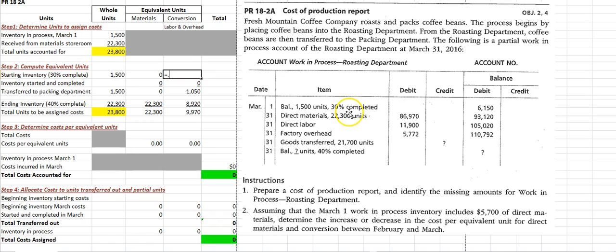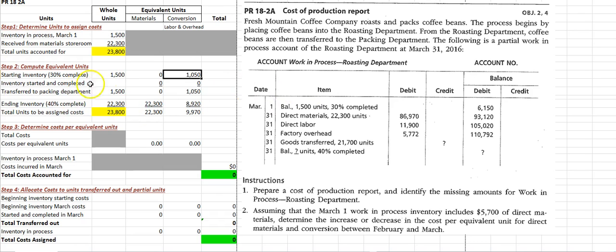So I simply take 70% and multiply it by 1,500. I have 70% of conversion costs to add to these 1,500 units. In other words, that's the equivalent of preparing 1,050 units at 100%. So my 1,500 units, I'm not going to cost anything for materials for them because everything was added in the prior period, but I will cost the equivalent of 1,050 units as far as conversion cost goes.